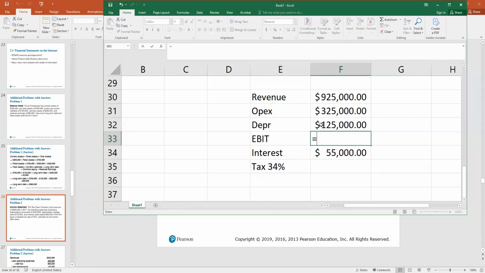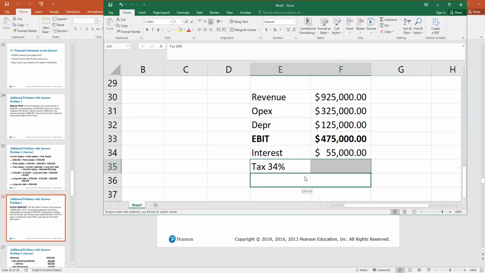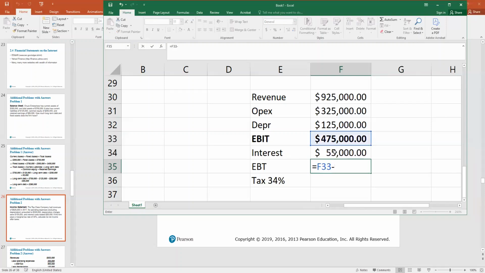So my EBIT is basically revenue minus OPEX minus the depreciation amount. And from EBIT, I'm going to subtract interest. I get EBT, the abbreviated word for taxable income. And how do I calculate the tax?